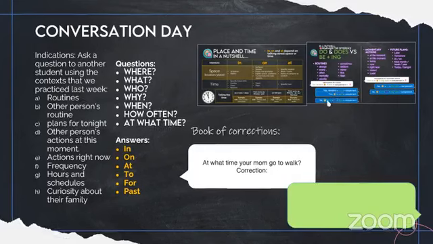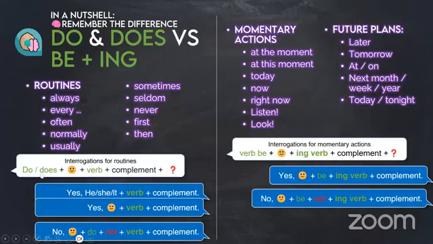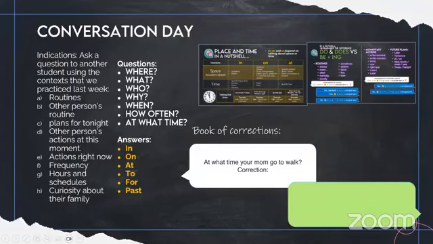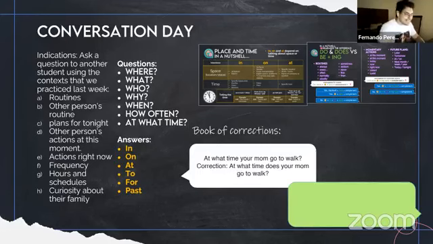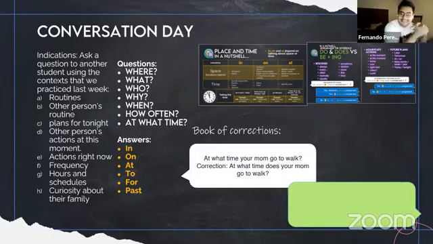Look at the question. What is necessary before the person? Do? Exactly. And for mom, he, she, it? Does. Yes. At what time does your mom go to work? That is much better. Okay. Exactly. Good, good, good. So tell me, Karen, at what time does your mom go to work?